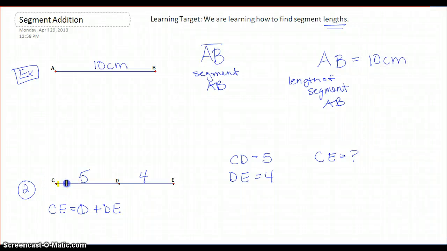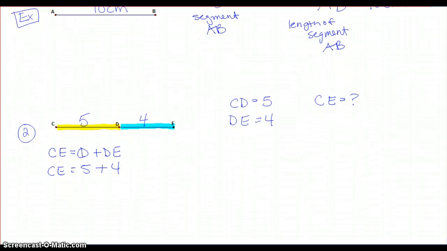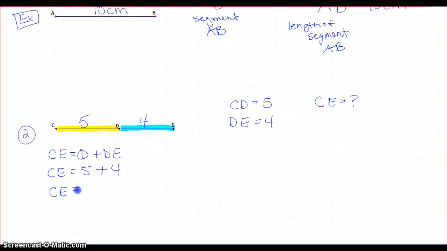So it's this part plus the second part. And again, clearly you can see that if I add 5 plus 4, CE is 9 units. If I called them centimeters, it would be 9 centimeters.